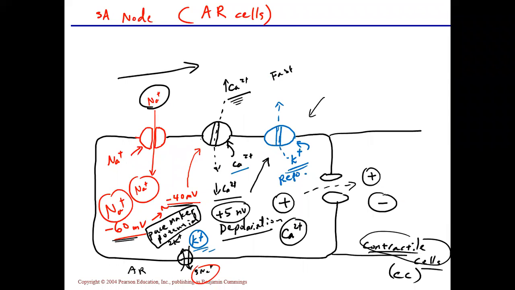Positive ions coming in. Now what? To simplify, and I need a little bit more space, as you can see, I'm going to take this and show it to you on the next picture.